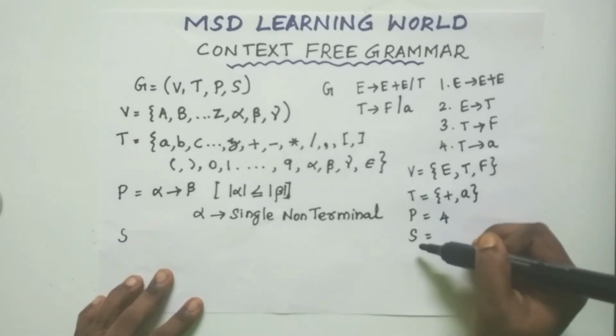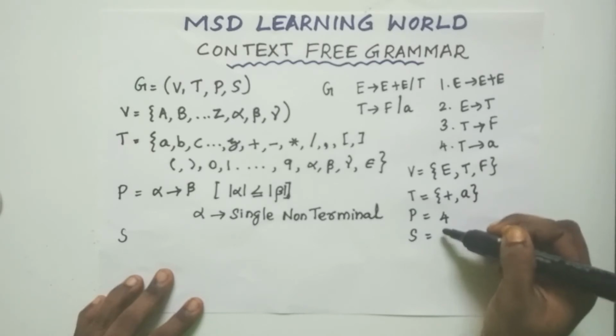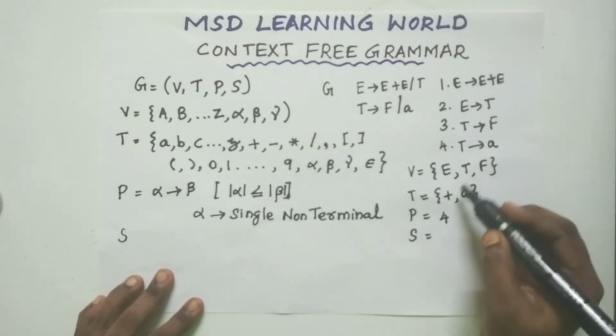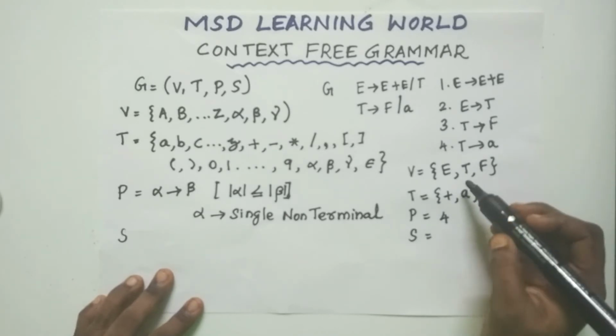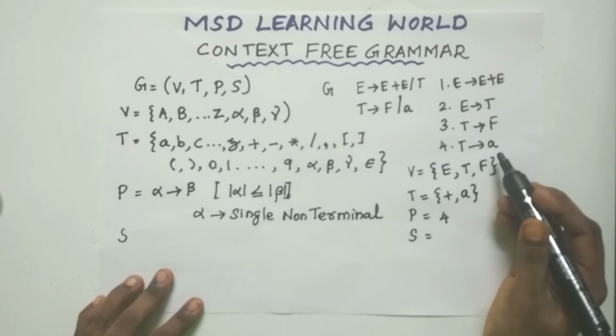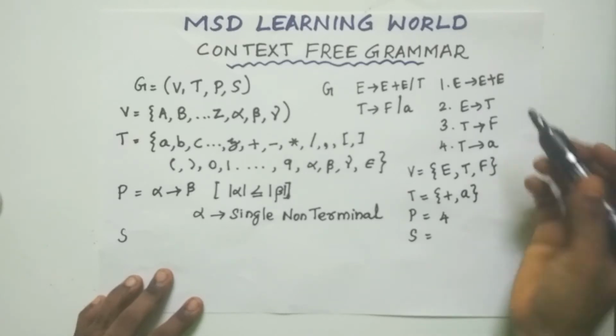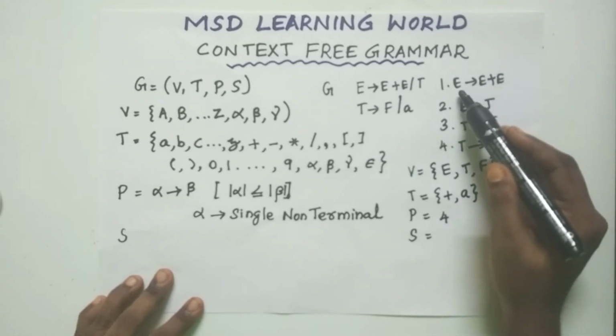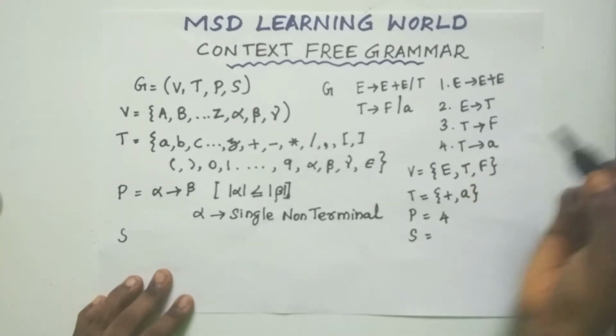And the starting symbol: here you have three variables. Already I have told you the starting symbol can only be a variable present in the grammar. So now you have three non-terminals, which is going to be the starting symbol? Whenever you have many non-terminals and variables present in the grammar, always look at the first production. The left hand side variable of the first production will be the starting symbol of the grammar.